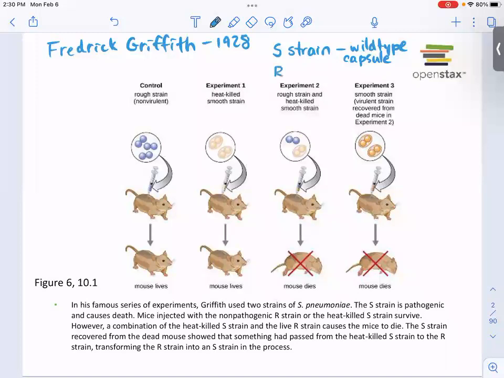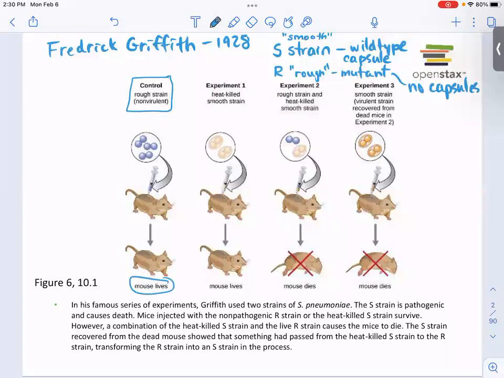Sometimes we call the S strain the smooth strain. When you see the colonies of a capsule-producing organism, they look slimy and smooth. And then the R strain, or the rough strain, was the mutant. This was the strain that could not make the capsule. So when he injected that rough strain into the mice, nothing happened.